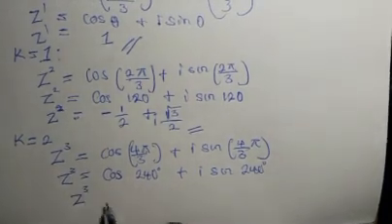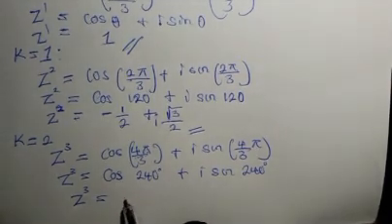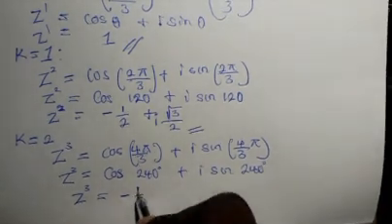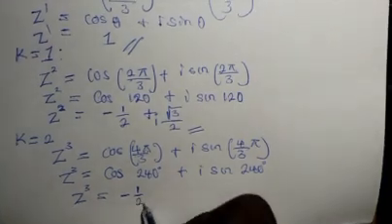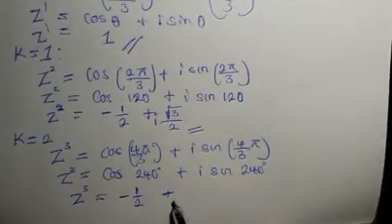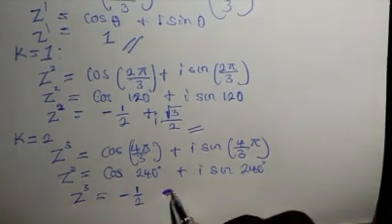So z3 is equal to, cos 240 degrees is going to give us negative 1/2, same as this. While iota sine 240 is going to give us negative also.